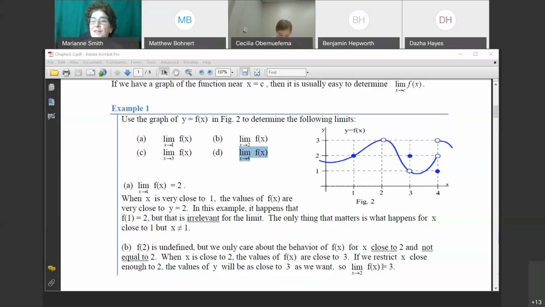So the function value isn't either the left or right-hand side limit. It's certainly not the limit as x approaches 4. So you can see these things can tell you a whole bunch of different pieces of information. Everybody okay with that? Okay so far?